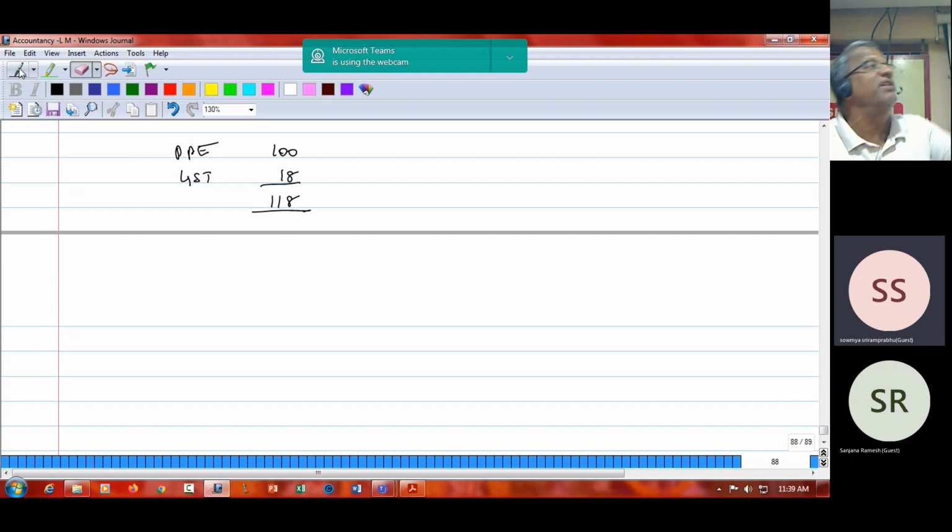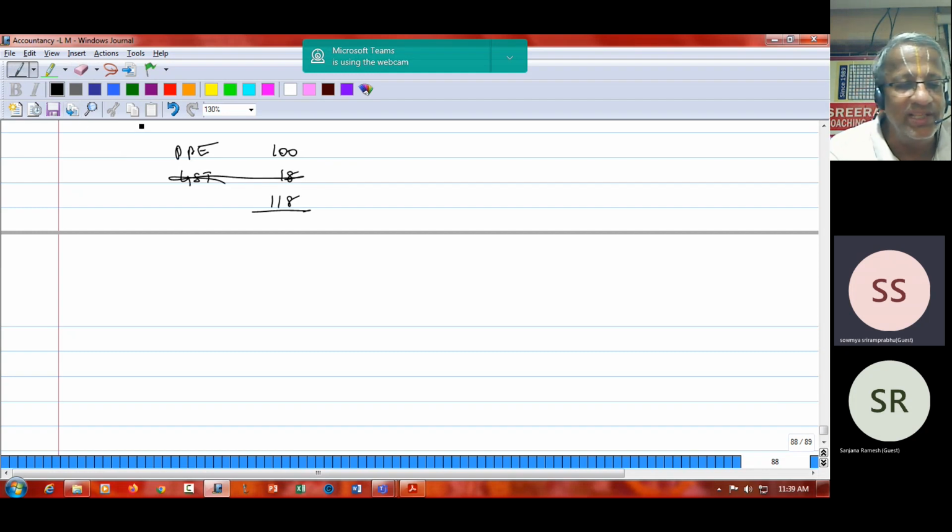How much is the GST credit that you have? Input tax credit.